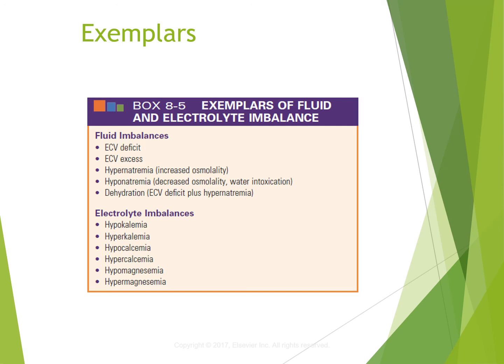Hypernatremia, which is increased osmolality, and hyponatremia, which is decreased osmolality, which happens with water intoxication, and dehydration, which is extracellular volume deficit plus hypernatremia. Electrolyte imbalances: hypokalemia, hyperkalemia, hypocalcemia, hypercalcemia, hypomagnesemia, and hypermagnesemia.